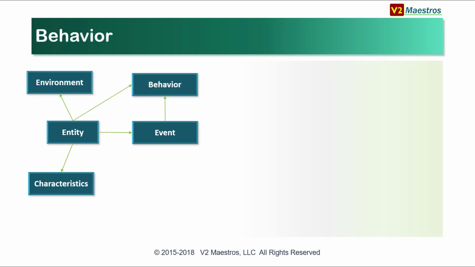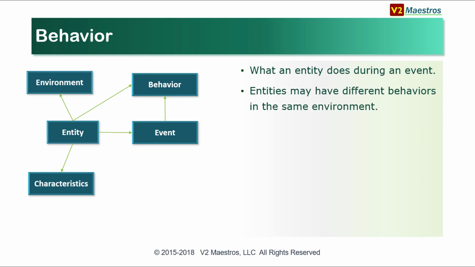Events trigger behaviors from an entity. Behavior is what a specific entity does in a specific event. Different entities exhibit different behaviors for the same event in the same environment. Examples include a customer's click while visiting a website, the products viewed from the catalog, or the reviews read.